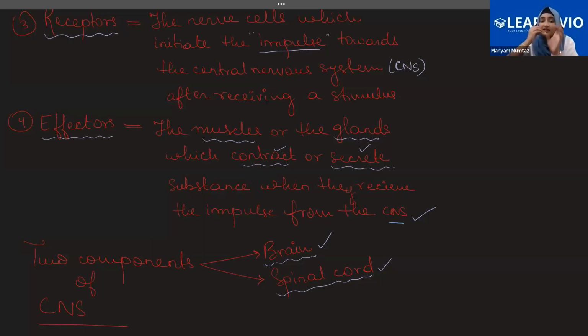So these muscles and bones make you turn around towards the person who's patting your back. That muscle or that bone becomes the effector. Similarly, if some hormones are released in our body, then the glands that release the hormone become the effectors. Clear?